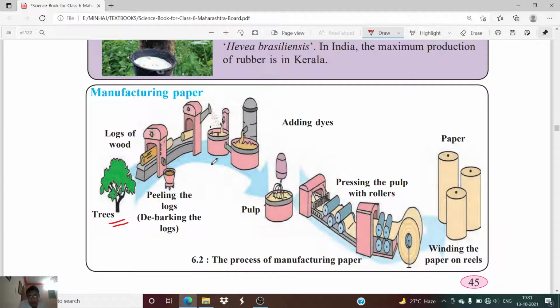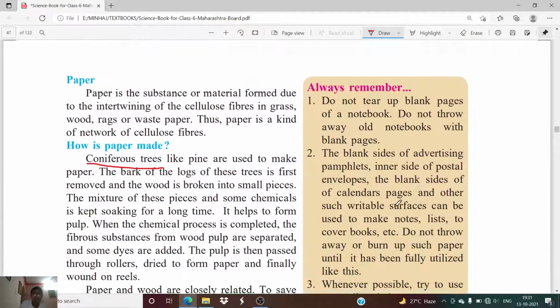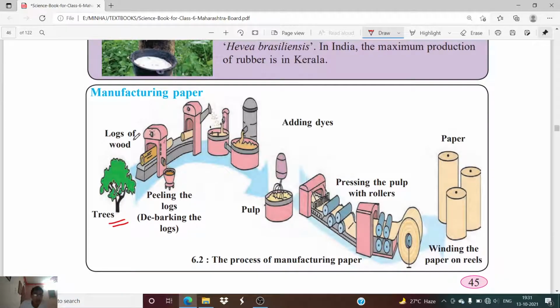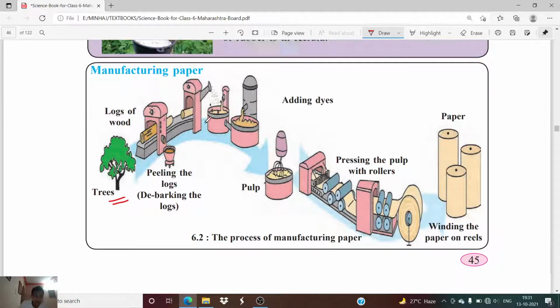Then we make paper by converting the pulp into a flat sheet, and then we reel the paper, and we get bunches of paper which can be cut according to the desired shape and size. So this is the way paper is manufactured.